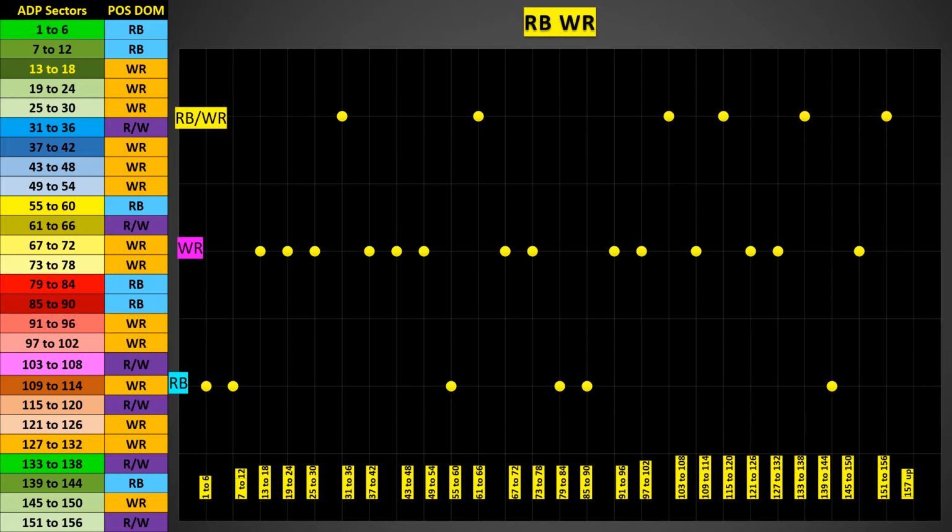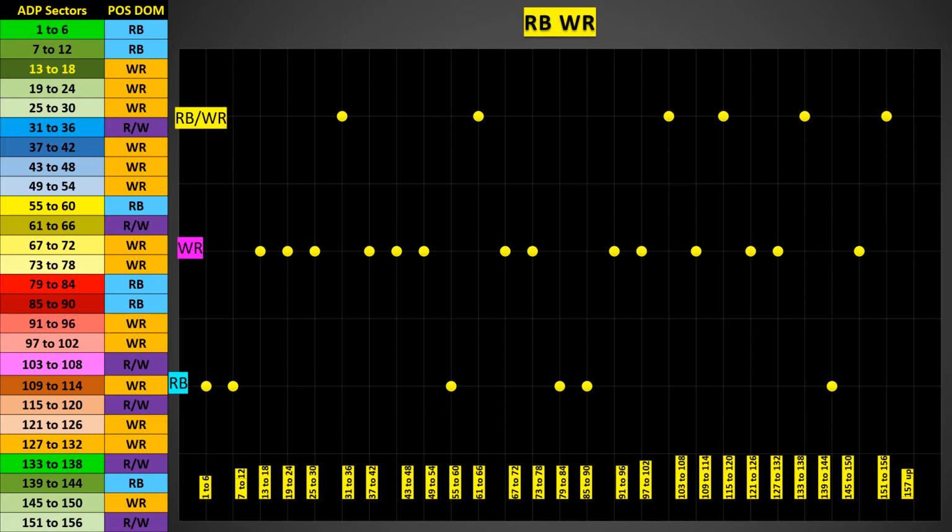If there's more running backs or wide receivers, then I note that one is dominant over the other, and if they're both nearly the same, I put this purple line here, the R/W. So you can see the blue is where running backs are dominant, wide receivers, running backs, etc.